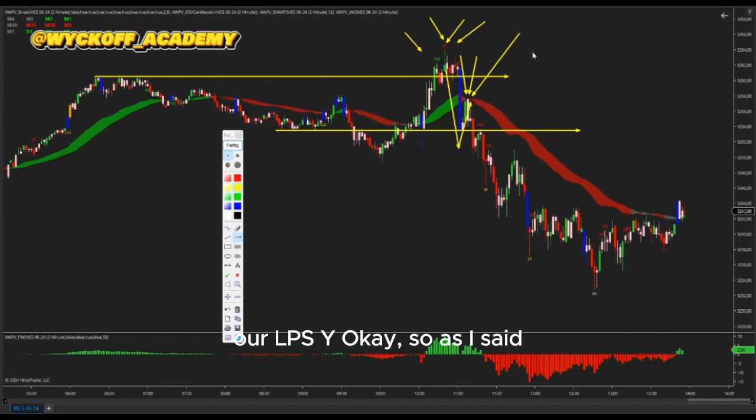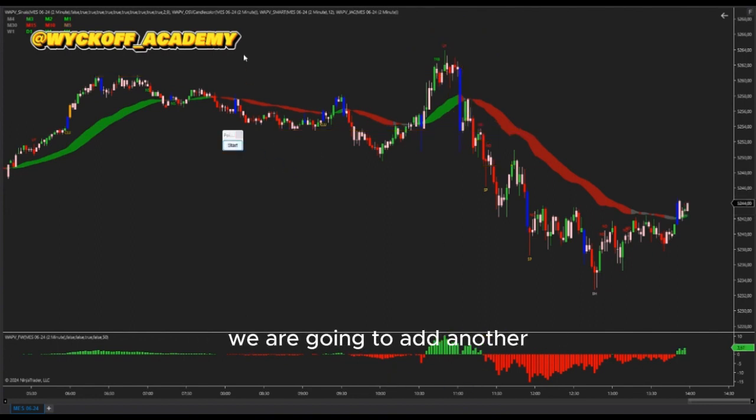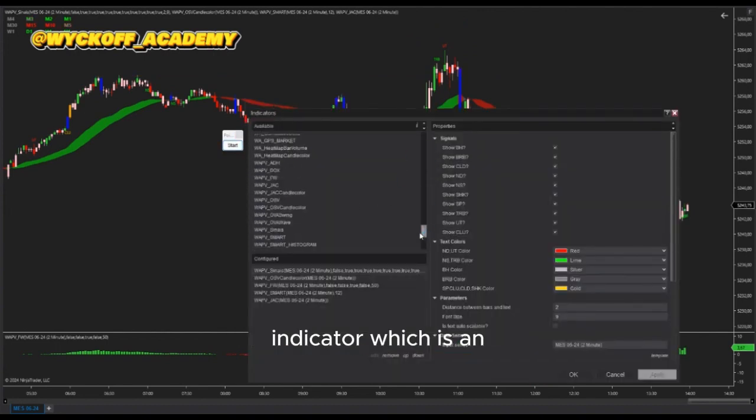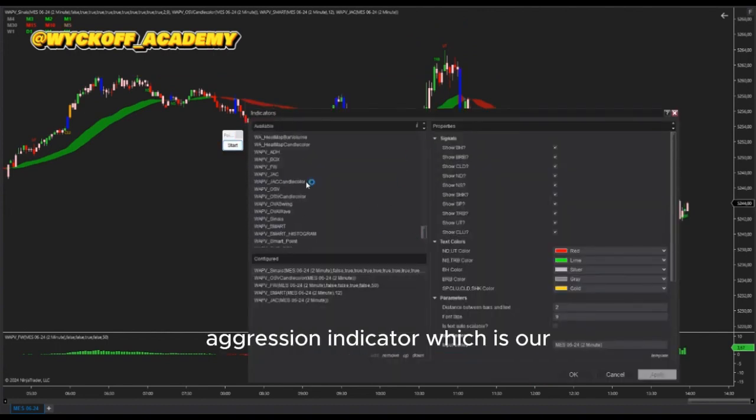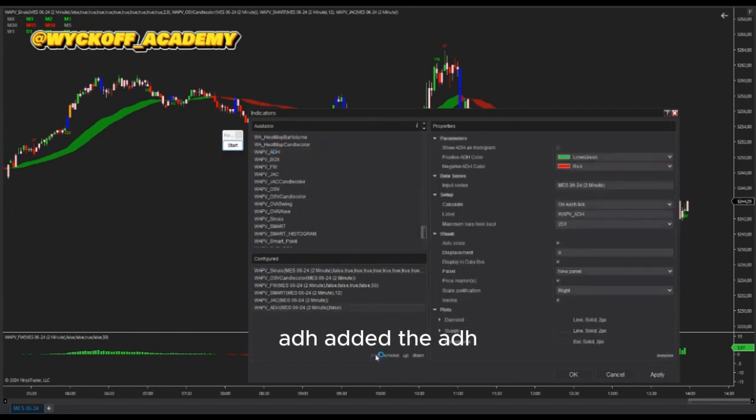Okay, so as I said, there could be a sale here, there could be another sale here, another sale here, all based on what you are seeing. You saw the volume decreasing at this moment, and now we are going to add another indicator, which is an aggression indicator, our ADH. Added the ADH.